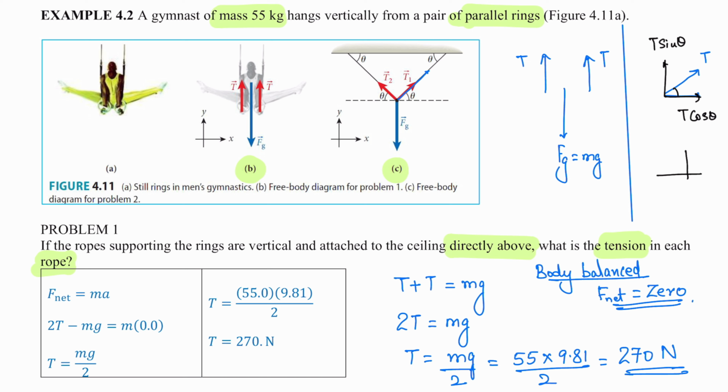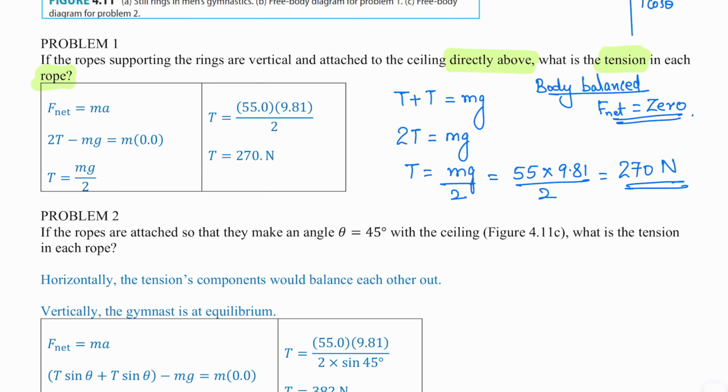Here is your T, here is the angle theta. So T cosine theta, T sine theta. Cos and cos cancel out each other, so we will get 2 times T sine theta.